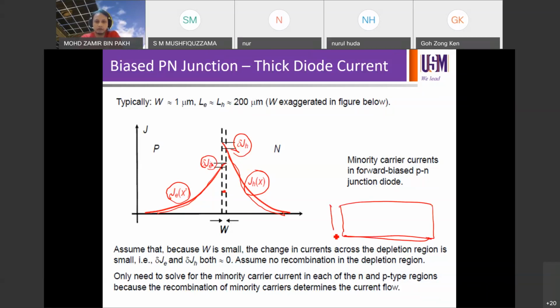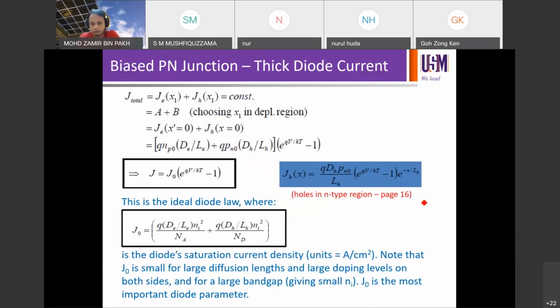Say your device thickness or wafer thickness is about 200 micron. We normally form the junction on the front side, but not necessarily. It can also be at the back, or both. But for simplicity, let's assume that we form the junction on the front side, typically with a thickness of about 200 nanometer or so.